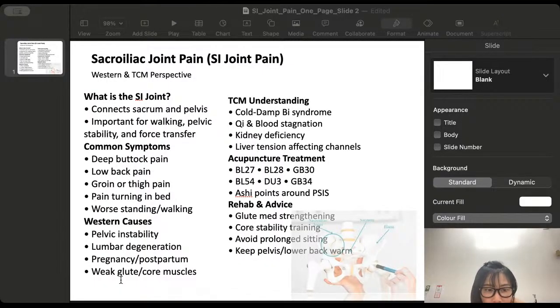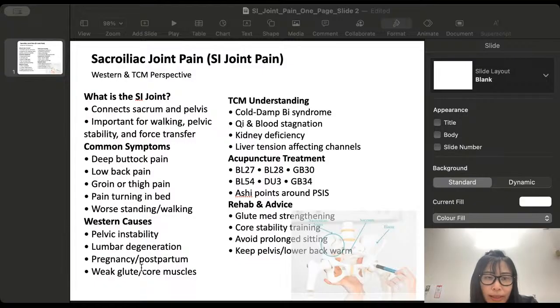Over time, the pelvis becomes unbalanced. Then the SI joint becomes irritated and inflamed. So anything that causes imbalance of the pelvis can trigger SI joint pain.